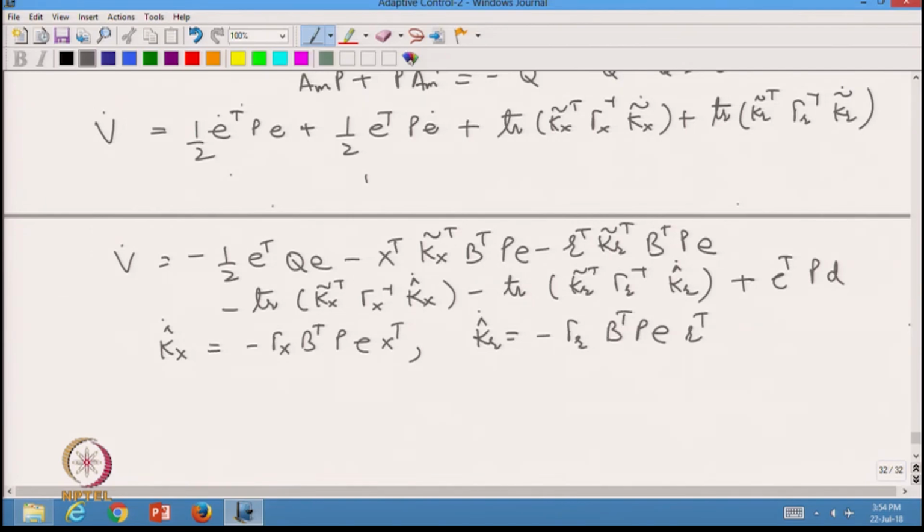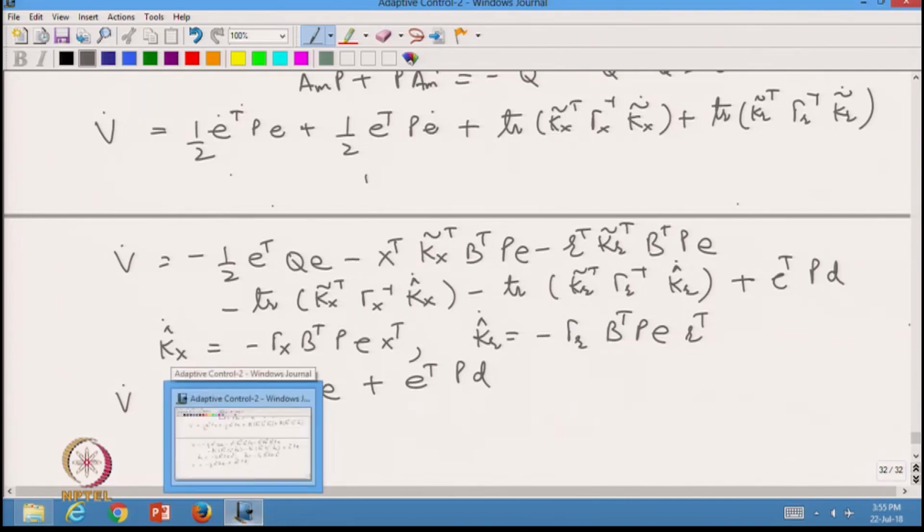Once we substitute for these in the trace expressions, these update law designs will cancel the second and the third terms, and what we get is V dot as minus half E transpose Q E plus E transpose P D.